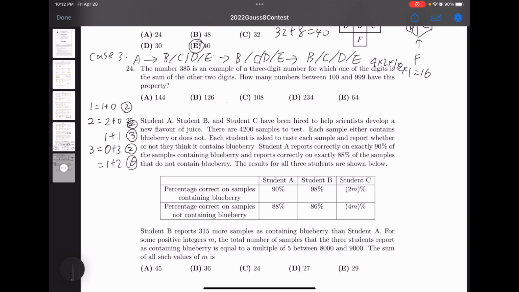And after that we have 4, which equals 0 plus 4, 1 plus 3, and 2 plus 2. Then we will have 3 options for 2 plus 2, 6 options for 1 plus 3, and only 2 options for 0 plus 4. And 5 equals 0 plus 5, equals 1 plus 4, equals 2 plus 3.